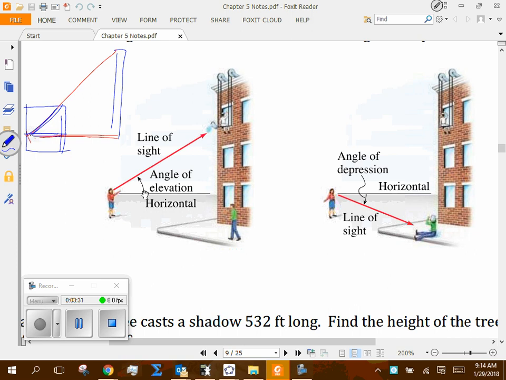It might be a little bit more effort than them just saying, well, she knows the angle of elevation is 30 degrees. There's some probably work in developing that angle. But along with a line of sight, which is from her eyes, the observer's eyes, to the object, you develop a right triangle. And there are times that we're going to take some liberties, in saying that we're going to make the assumption that this building is going to be perpendicular to the ground.